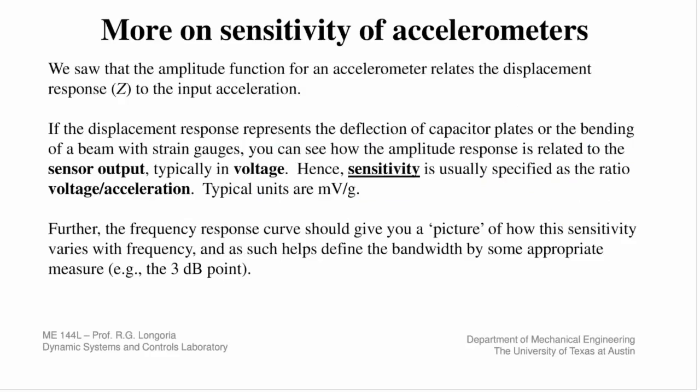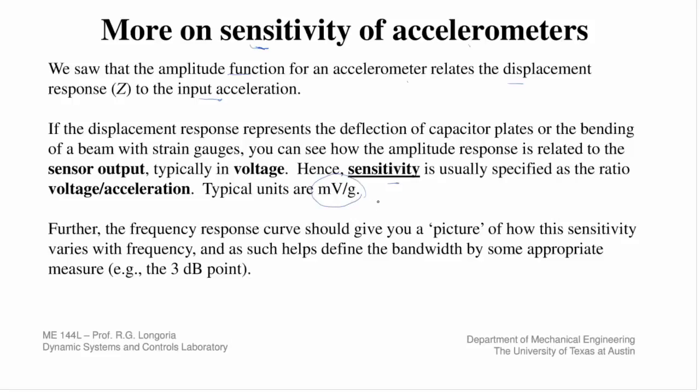Just another note to make sure that you think about sensitivity on accelerometers. That amplitude function relates displacement to input acceleration for an accelerometer, and it has specific units, so keep in mind that sensitivity will have units depending on what you're looking at. In this case, the direct transfer function is deflection, say, versus acceleration, but if you have a sensor, you want to have voltage to acceleration.